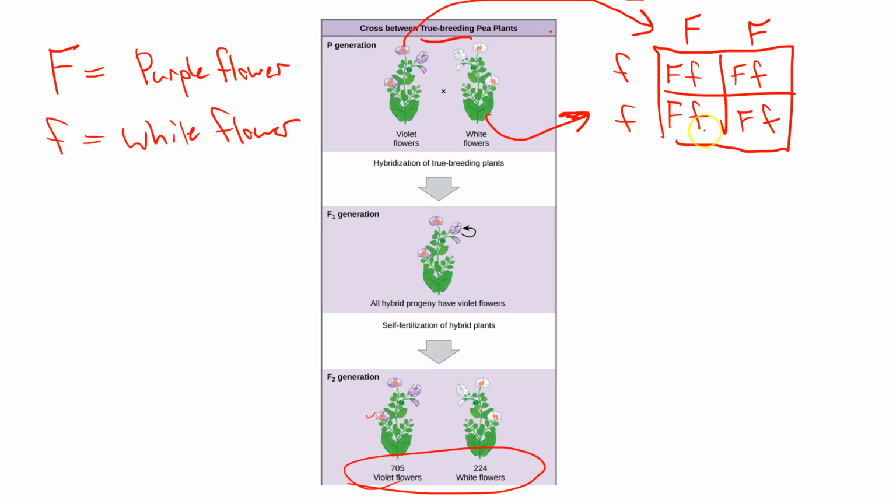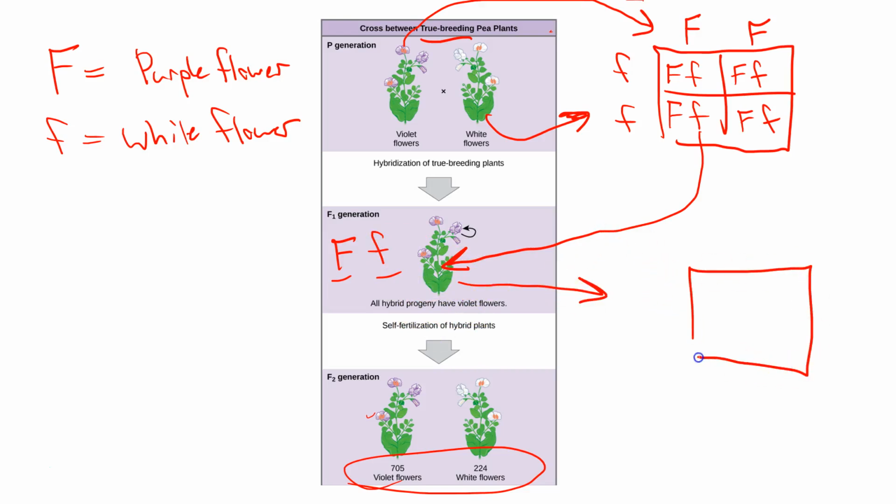Okay, so all of these plants have the genotype big F, little f, meaning they bear 1 copy of the purple flower allele and 1 copy of the white flower allele. Well then, if we cross all these plants together, the different gametes that could be brought to the table here are big F and little f for each plant.